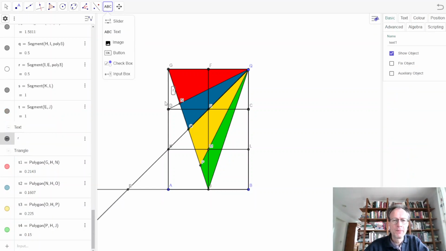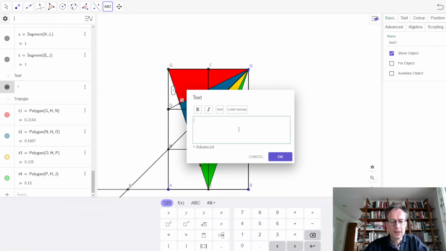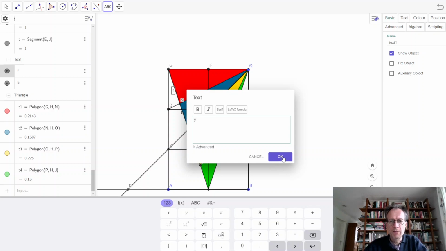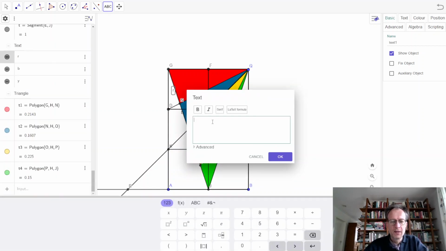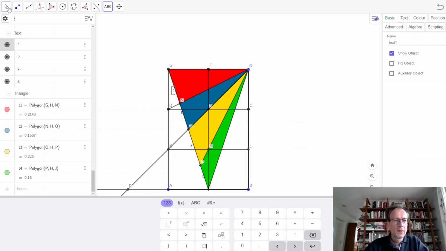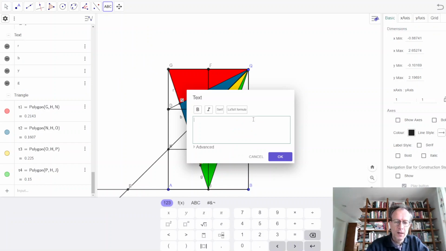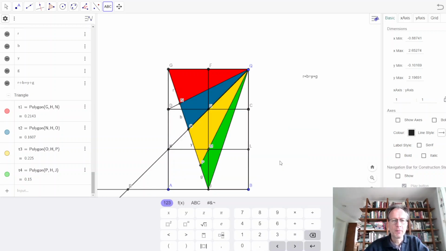This is R, that is B, that is Y from yellow, and that is G. So what we have just found is that R plus B equals Y plus G. And that comes from the similarity, or the congruence actually, of those 2 triangles.